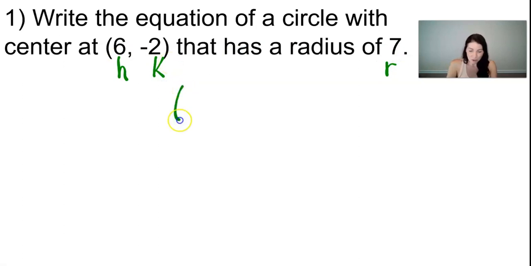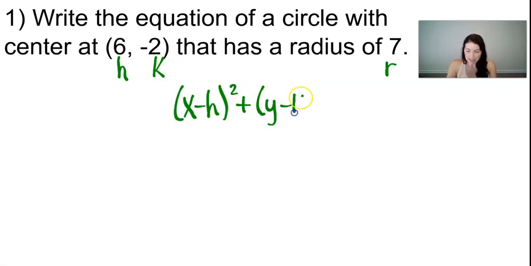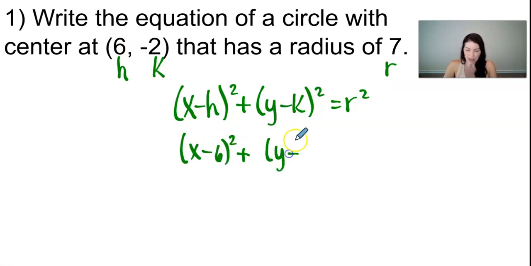The equation of a circle, once again, is (x − h)² + (y − k)² = r², and that came from that right triangle and using the Pythagorean theorem. All we have to do is plug in our values. x minus the h value, 6, squared, plus y minus, this time minus −2, so that's going to switch to +2, squared equals the radius squared.